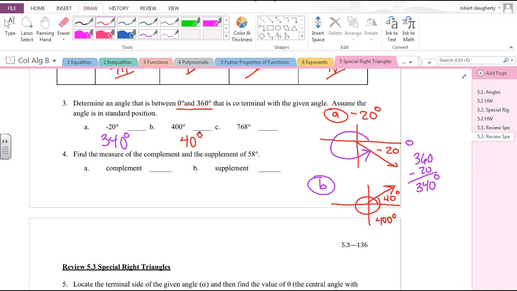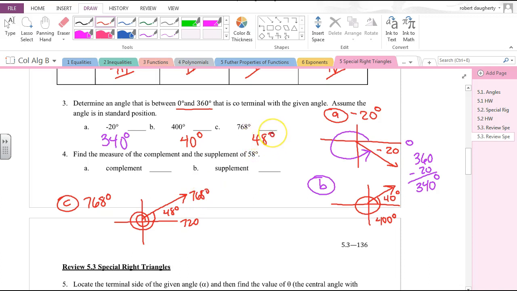Part C, 768. So 1 revolution is 360. 2 revolutions, that's 720. So if I'm at 720, how much further do I have to go? So 720, if I were to go 48 degrees more, that would put me at 768. So a 48-degree angle is coterminal with 768.